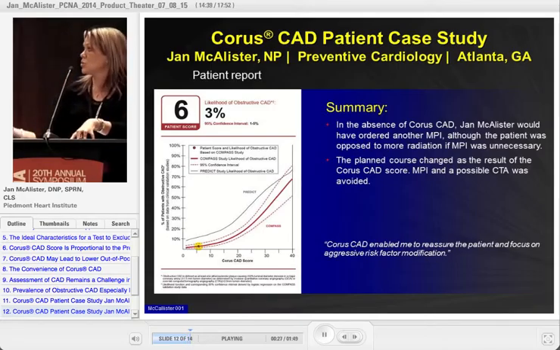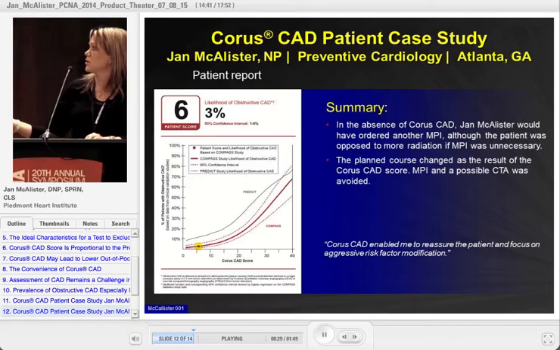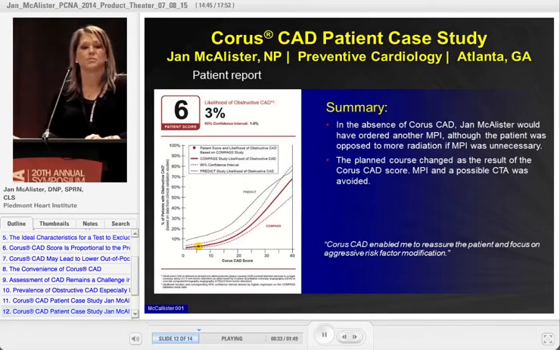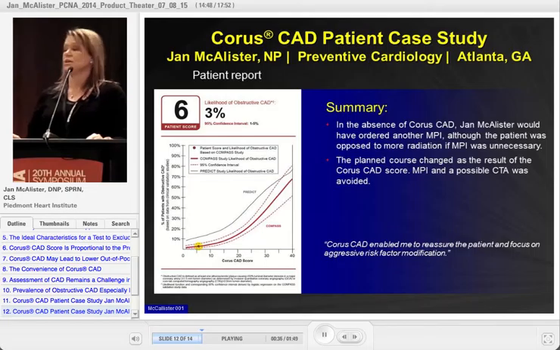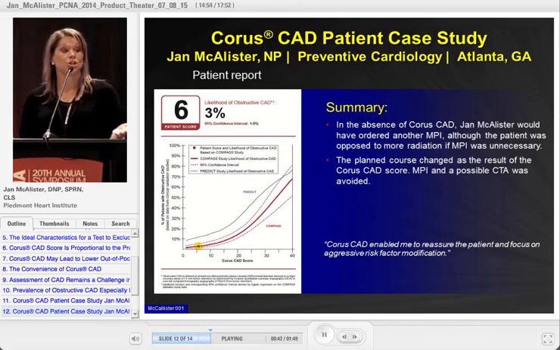So we did the Chorus CAD test on her. Her score was 6. So the likelihood of obstructive CAD on her was only 3%. That reassured me, it reassured her that she wasn't going to drop dead in the middle of the night and leave her family without a mom.